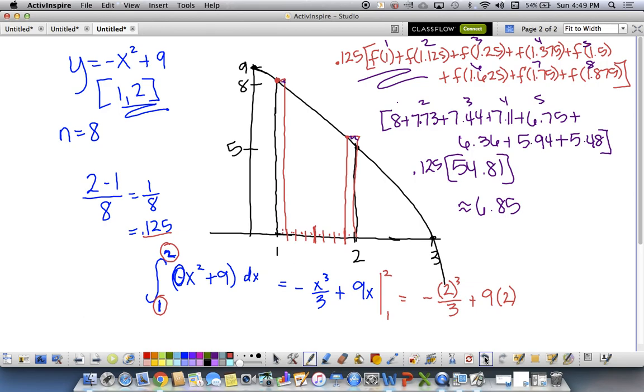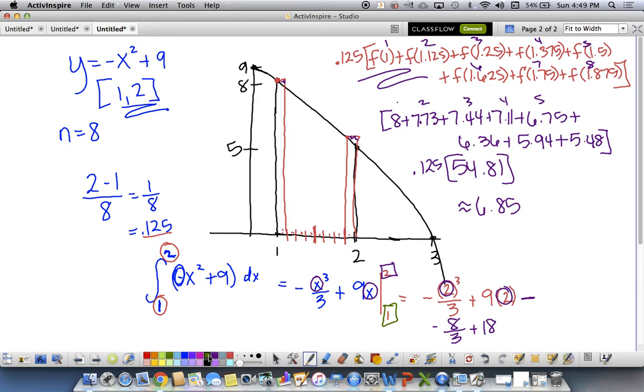Okay, so I plug in my top number into where I see the x's. See it? Okay, so 2 cubed is 8, so negative 8/3 plus 18. Okay, and I always forget, I'm 99.5% sure that it's a subtraction sign of what we're plugging in the bottom.